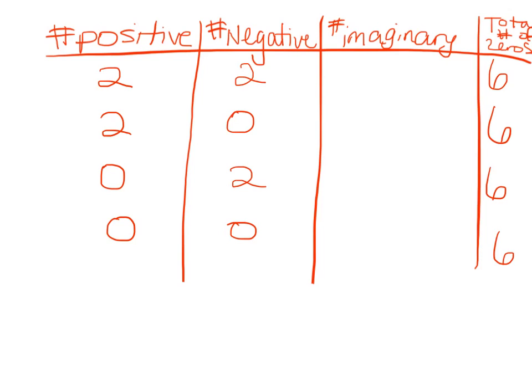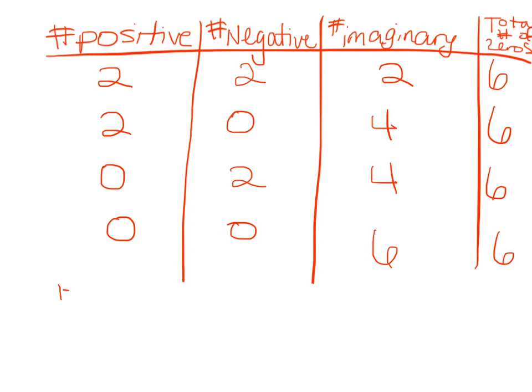So if we've got 2 positive, 2 negatives, we need 2 imaginaries to make up the 6 zeros. If there's 2 positives, 0 negatives, we're going to need 4 more imaginary solutions. If 2 of our answers are negative and we don't have any positives, then we're going to need 4 imaginary solutions. And if there's no positive reals and no negative reals, all 6 of our zeros are going to be imaginary numbers.